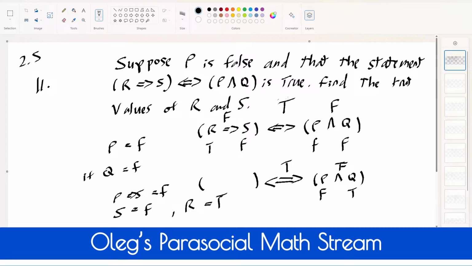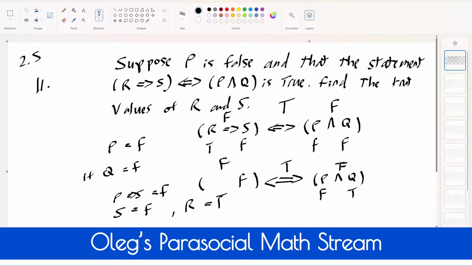We have determined that the whole statement is going to be true. So the only way that can be true is that the R implies S has to be false. Okay? And the way that's going to be false is the S has to be false.